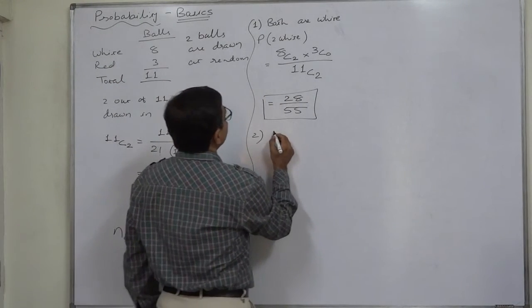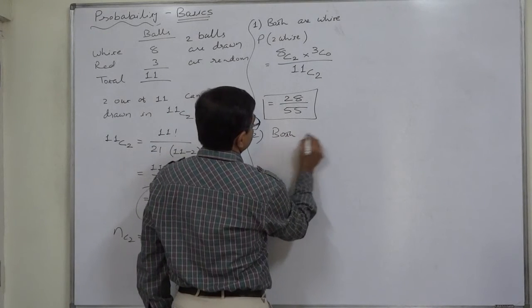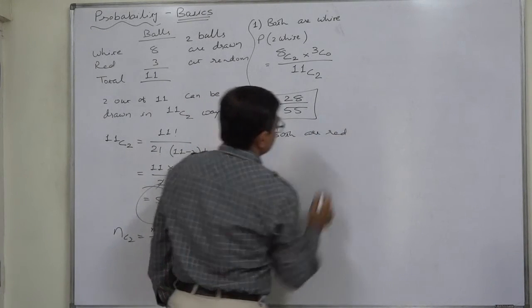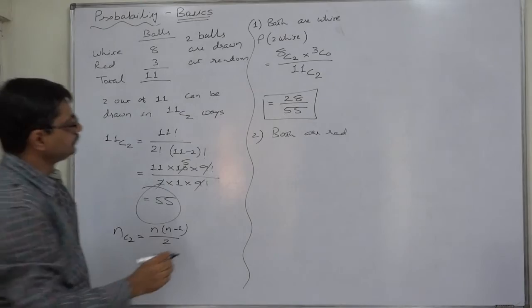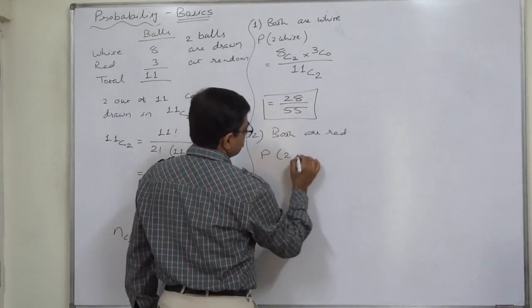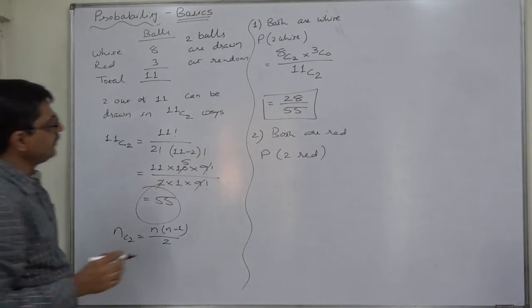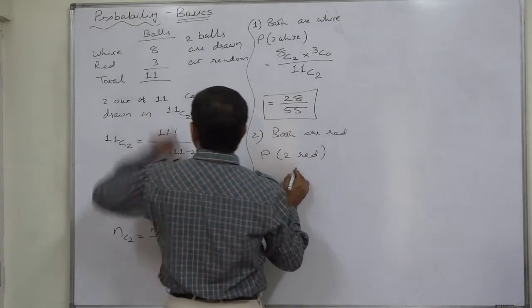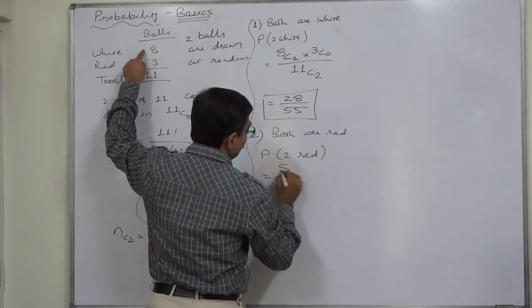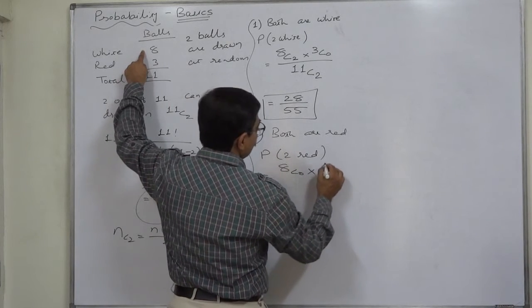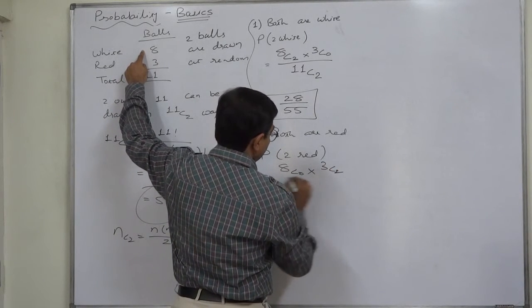Second is both are red. More or less similar problem. Probability of 2 red balls. Now 2 red balls out of 3 can be drawn in 3C2. But what happens? No white ball out of 8 and 2 red balls out of 3.